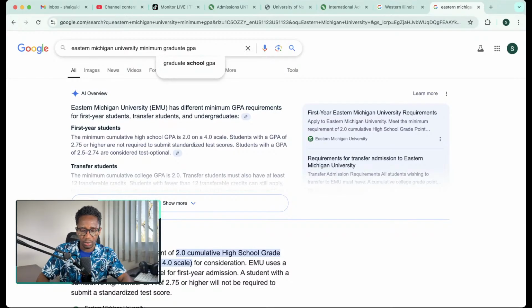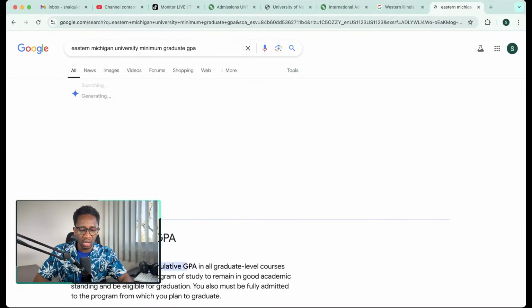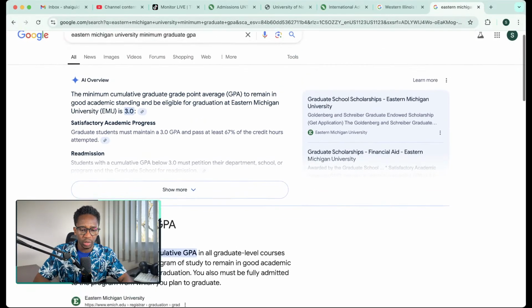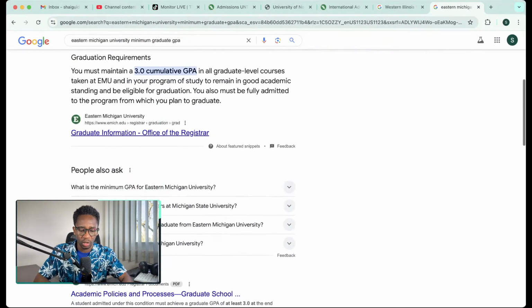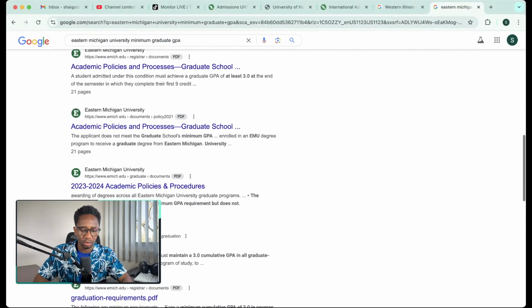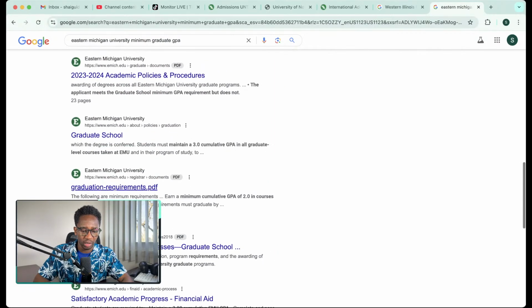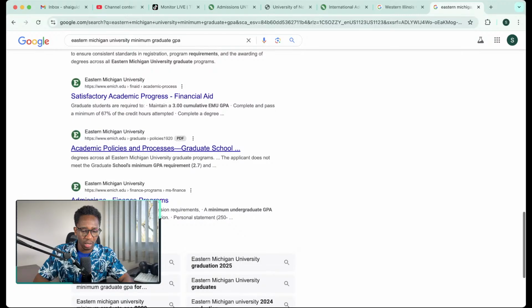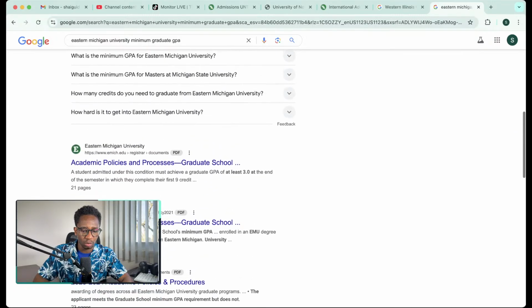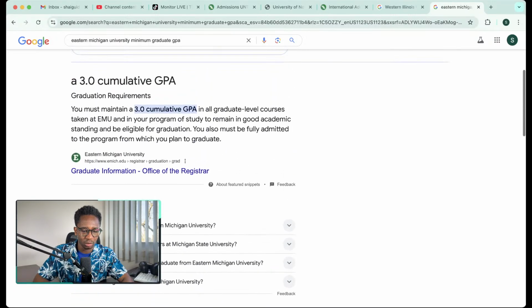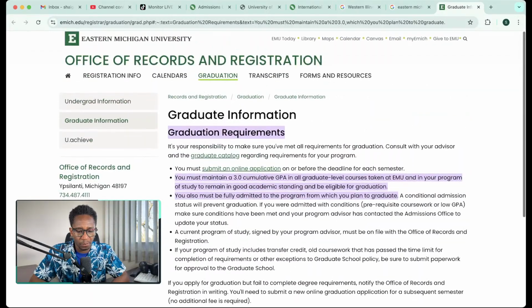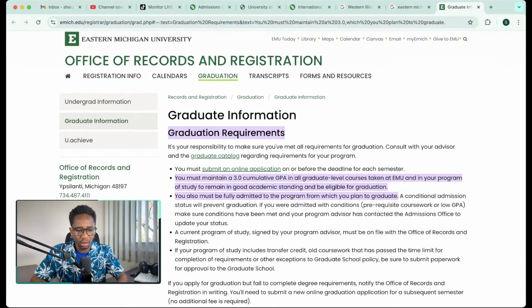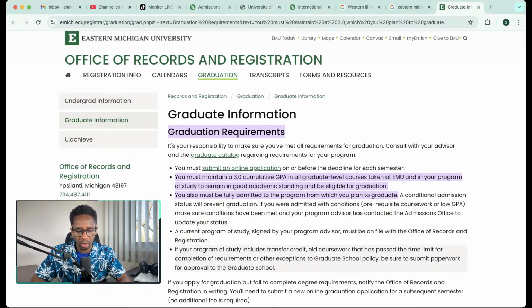Normally when I am exploring stuff like that, I like to open every new link in a new tab instead of doing everything and then going back and restarting the whole thing all over again. I don't like doing that. So far I'm seeing 3.0. All right. Okay. So 3.0. So yeah, we can forget about Eastern Michigan, because they require 3.0 actually.